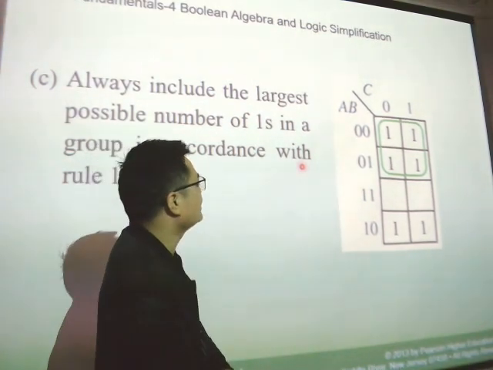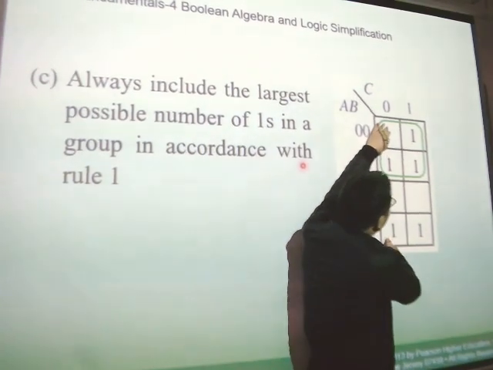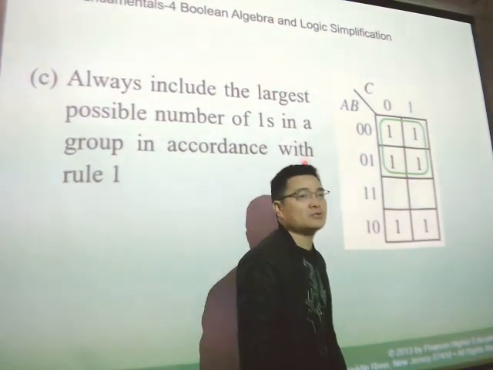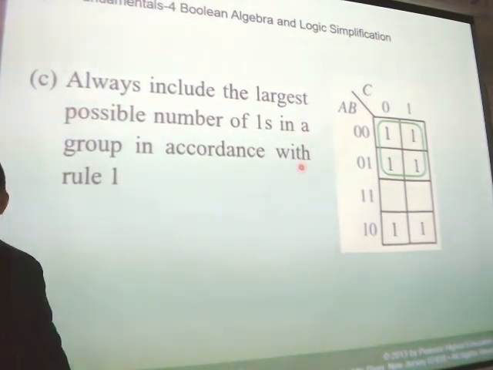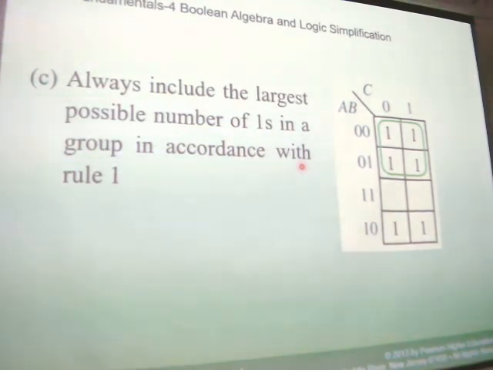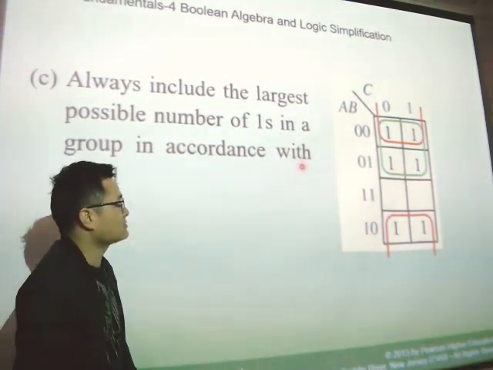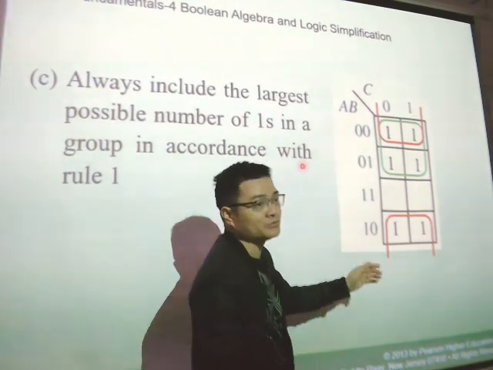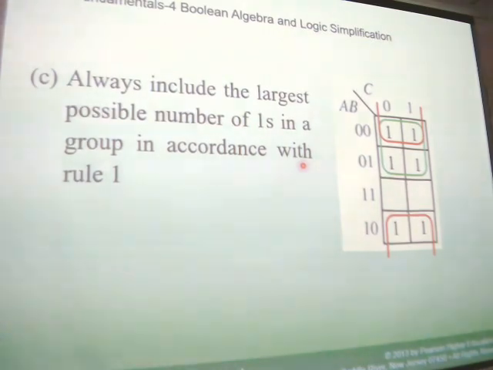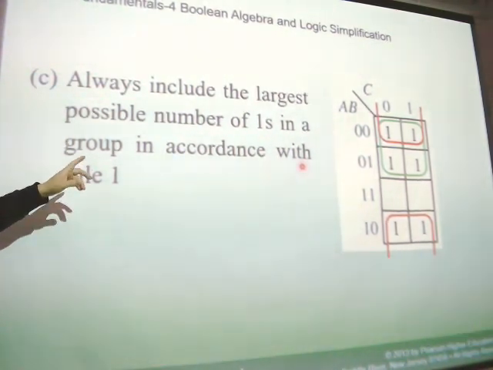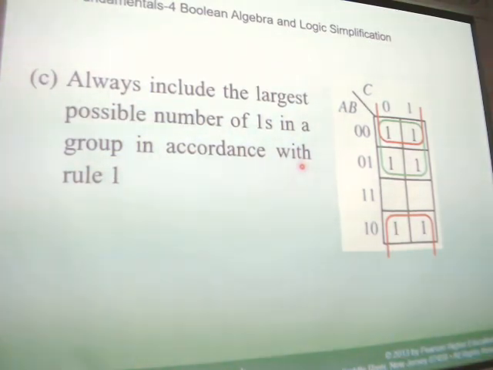But we know that these 2 ones are adjacent, so we can divide the 4 ones into one group, because we must always include the largest possible number of ones.